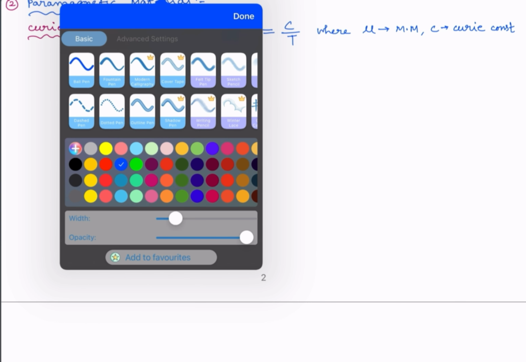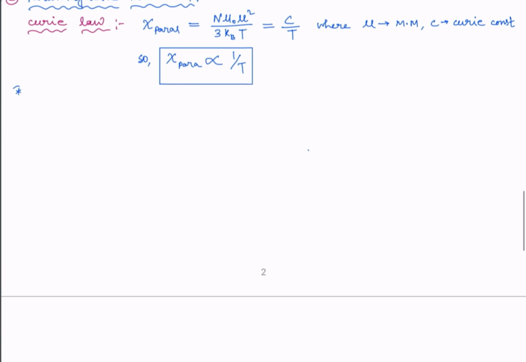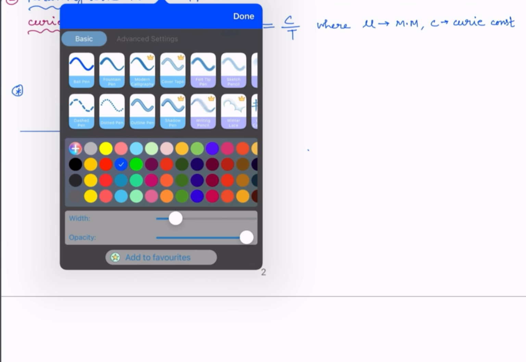Now we will discuss some important curves. First, magnetization versus magnetic field curve, which looks like this.